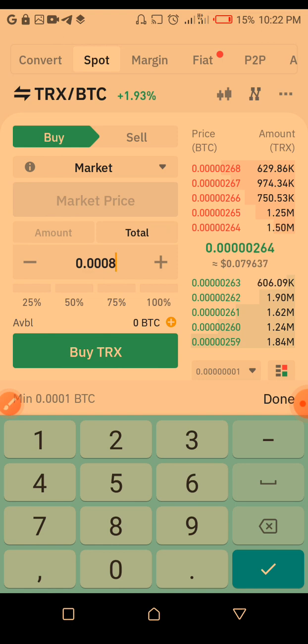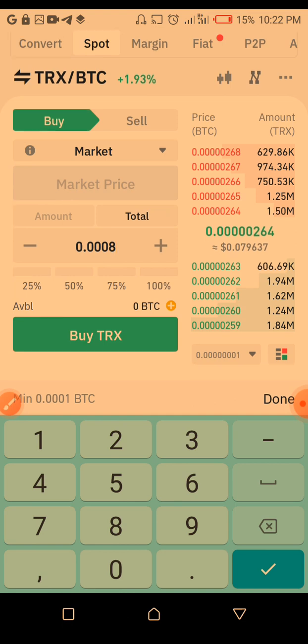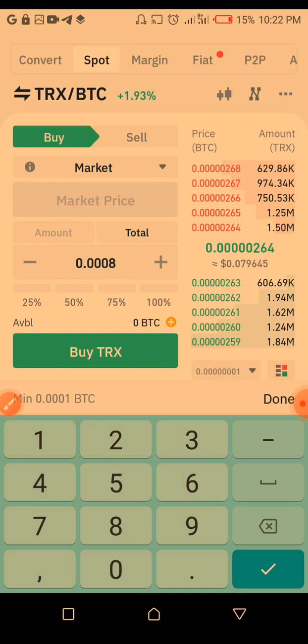market rate. Remember, this market rate might not be the one you are seeing here, on the choice of market rates, because the price is fluctuating. So it might not actually be this particular one you are seeing here, this 0.00264. It might be on a different market price, but somewhere close to the current market price.